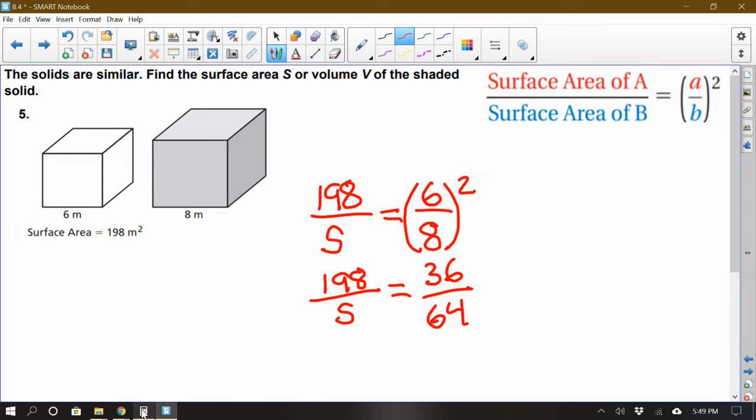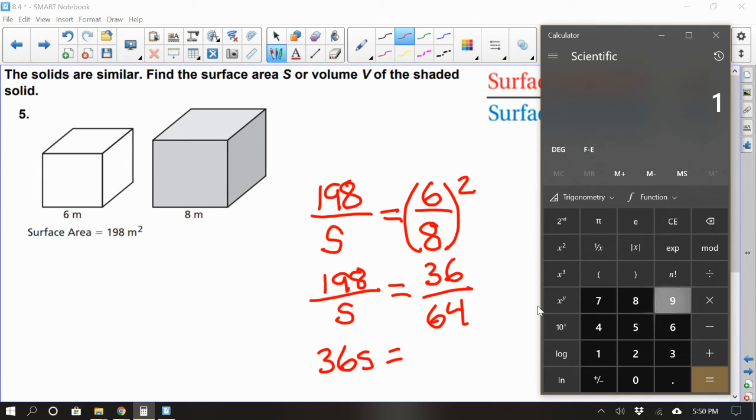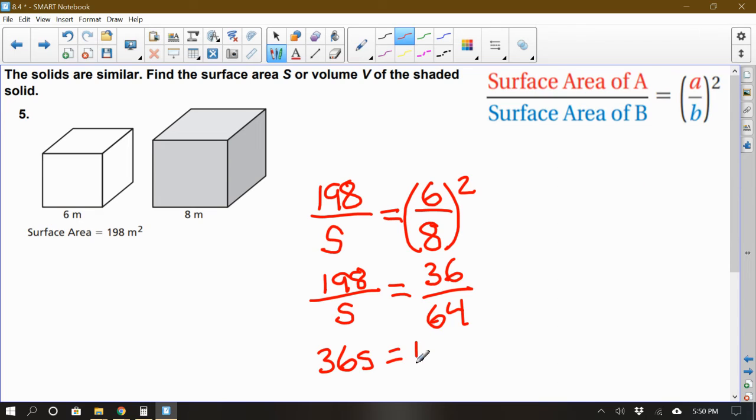I believe we're going to use the calculator in a little bit. But first of all, let's do our cross product. So we have 36 times S is 36S. And 198 times 64. Haha, time for the calculator. 198 times 64. And that is 12,672.